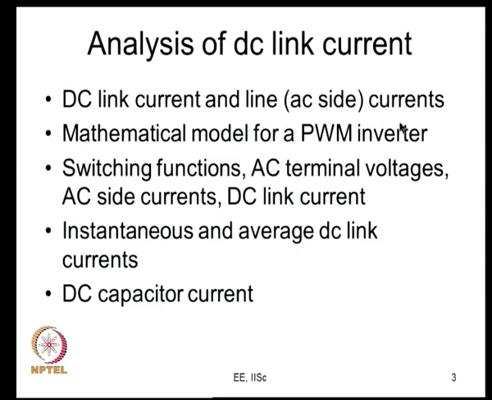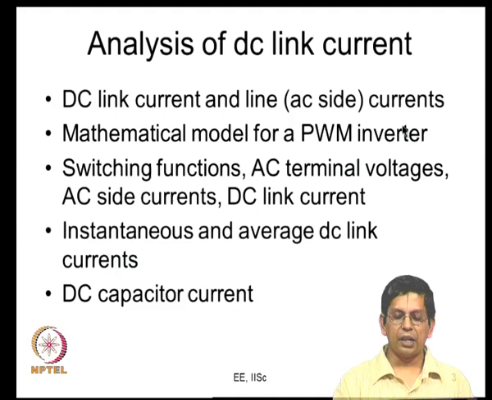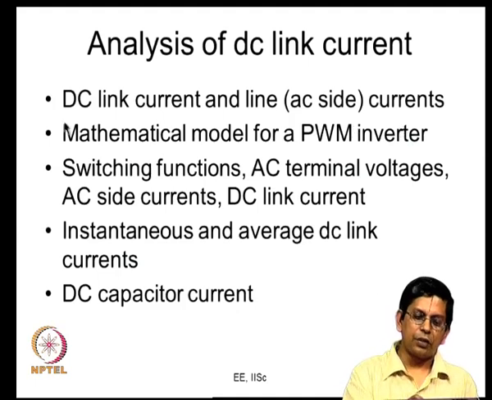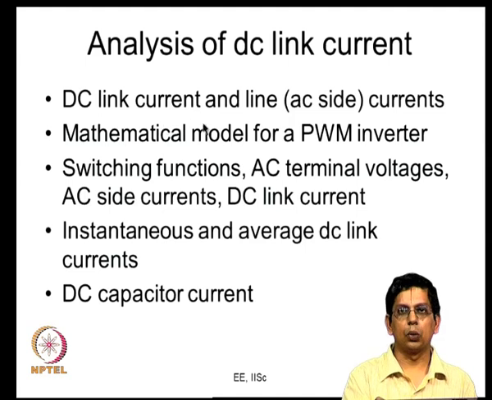That load may be an RL load or an induction motor load or whatever, and you have a good harmonic model and the fundamental model available for that. So, it is easy for you to understand what the AC side currents are. The moment the PWM output voltage is given, most students are quick at coming up with how the line currents would look like, whereas students normally find it difficult to conceive how this DC link current would look like.